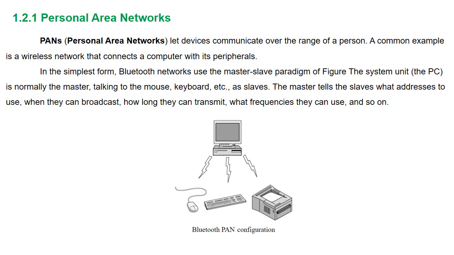Here the PC is the master and the keyboard, mouse and all the other things act as slaves. The master tells the slaves what address to use, how they can broadcast and how they can transmit the data on what frequency and so on.